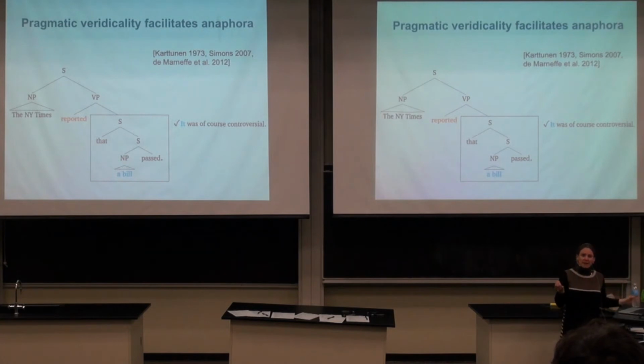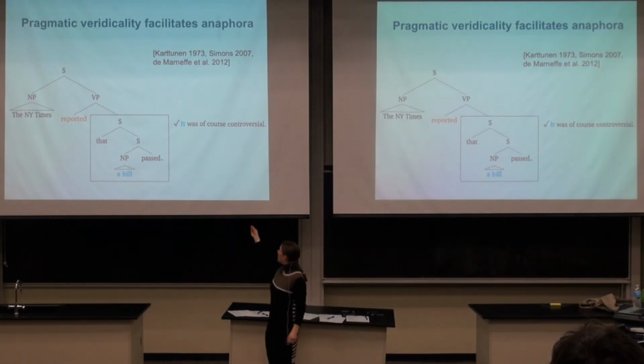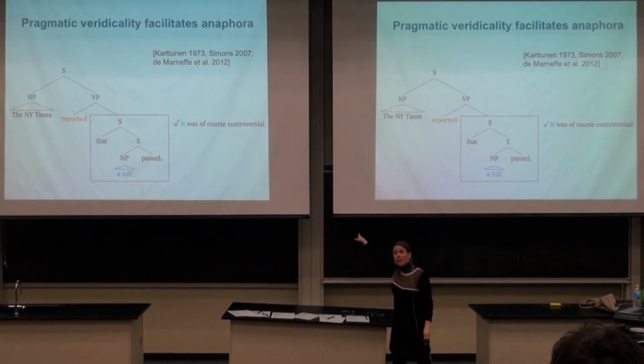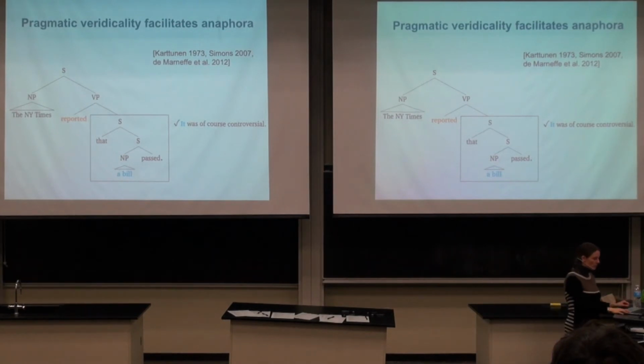So even though semantically maybe you don't have an entailment here that it passed, pragmatically you do. And this enables, in this case, a bill to have a proper continuation with the pronoun it.